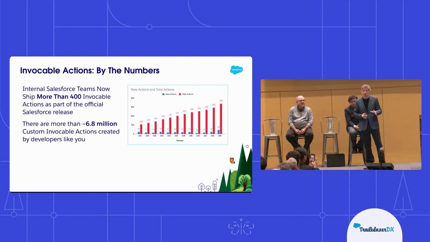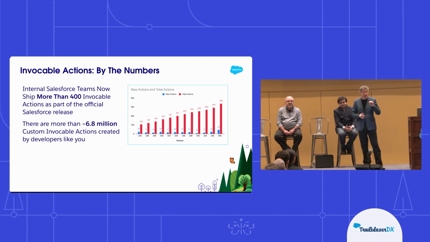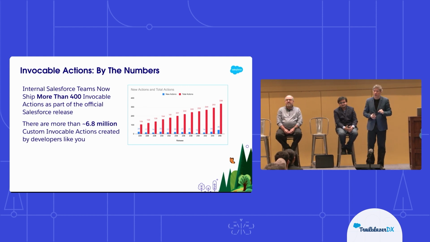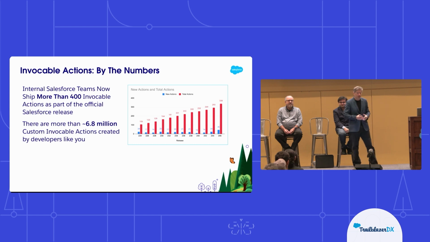They're building them at a rate of about 10 a month now. And in the latest Salesforce release, there are actually more than 400 invocable actions that are available. You won't see all of those because a lot of them are behind perms. They're part of Health Cloud or they're part of Omnichannel or something like that. But there is a growing amount.